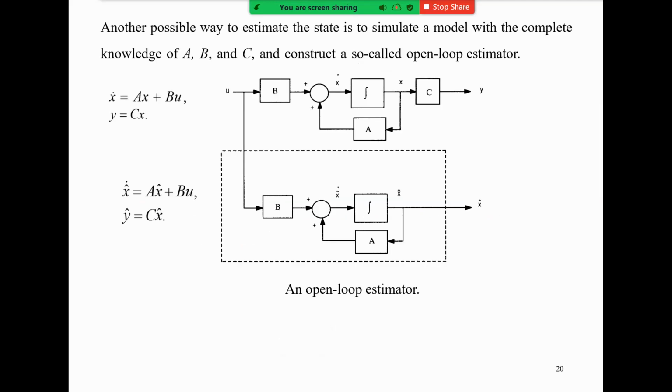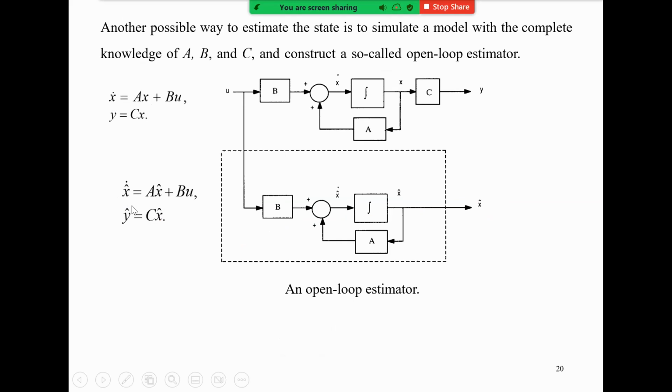All right, then let's think about that. Probably there is another simple way, or we call it a naive way. Because we already know the model, A, B, C, the only thing that we don't know is x. So I can just build another model. I know the A, B, C, so I want a simulator, but I just replace x by x hat.